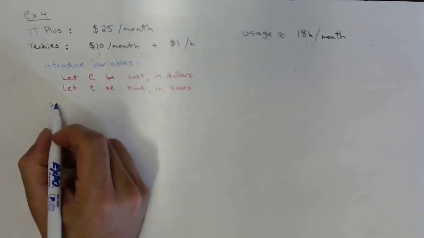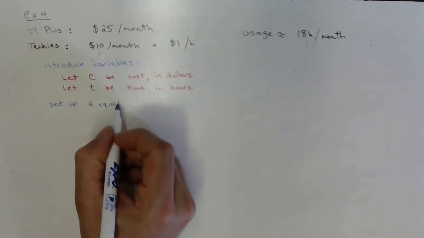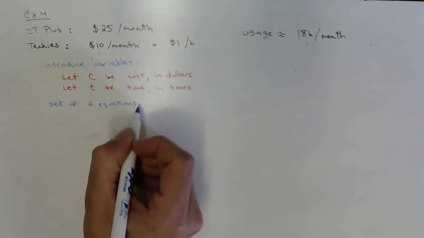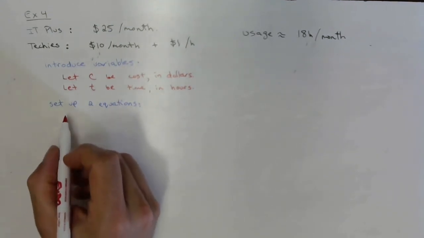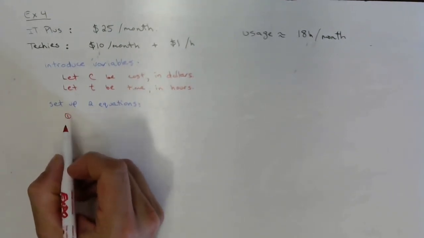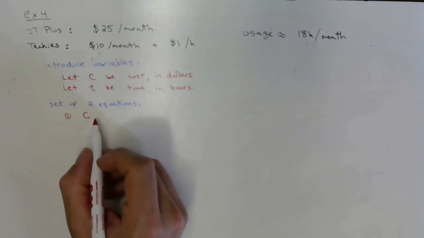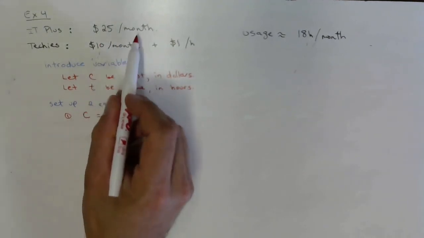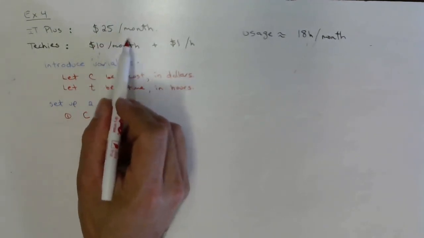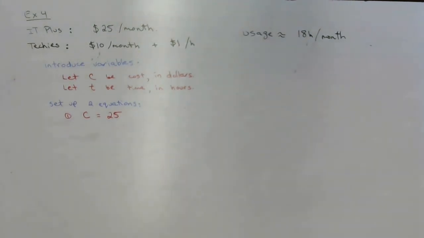Next step, set up two equations. Well, let's look at IT plus. We'll call that equation 1. The cost is what? Cost equals, does it depend on usage at all? No. Nope, it's going to be 25 bucks a month regardless.